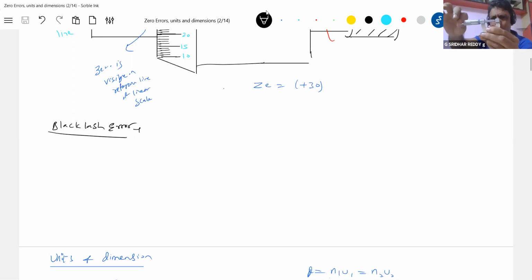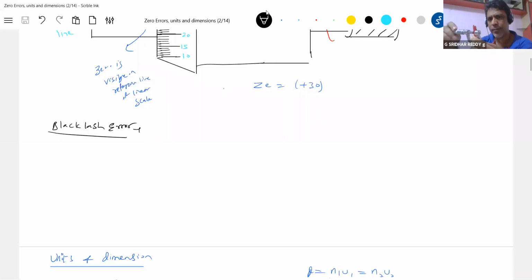Let it take some time, no problem. Now I want to fix an object. There's an object which I want to fix, and now I have fixed it here.